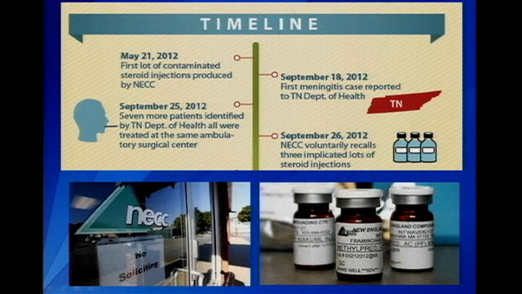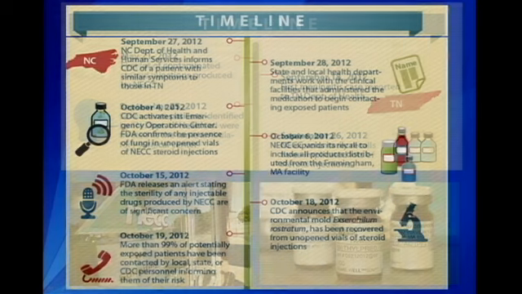And so at this point, Tennessee and CDC were really trying to put the pieces together and get a better understanding of, was this a procedure-related event that was associated with this one facility, or was this something to do with a medication? By September 26th, NECC voluntarily recalled 3 implicated lots of steroid injections.